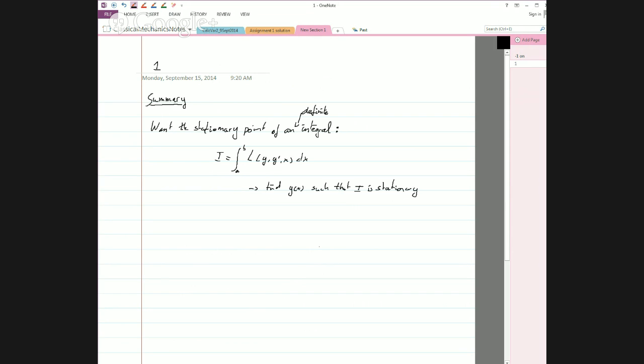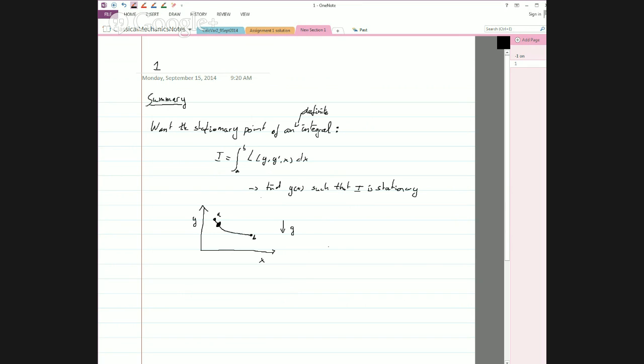And then I motivated physically why we wanted to do, for example, the problem. If you have the so-called brachistochrone, where you have some wire that starts at point A and ends at point B in the xy plane, where y is vertical, so we have gravity going down, and we have some bead.